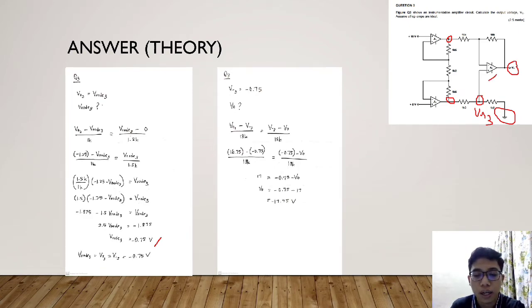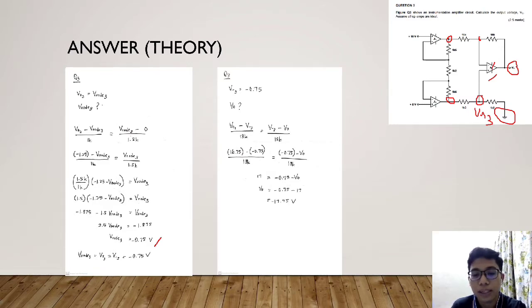Since the value of V naught 3 is equal to V plus 3, it is also equal to V minus 3, which is here. So we use the same value to get V output, applying the formula. V output 1 minus V minus 3 over 18k is equal to V minus 3 minus V output over 18k.